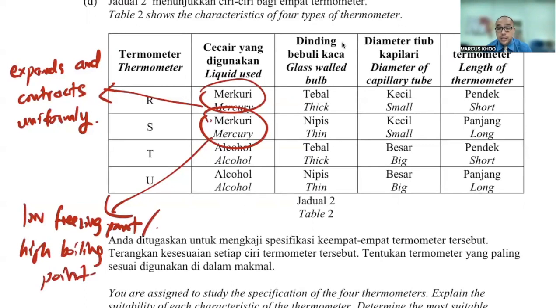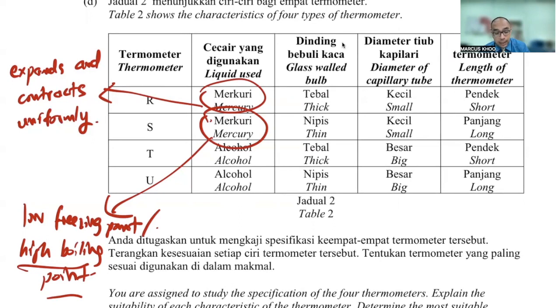Either one of these is fine. Actually, I like the high boiling point because we're working in room temperature settings. But these are the standard answers for mercury. Alcohol has a lower freezing point, which is more suitable for North Pole expeditions or things like that.